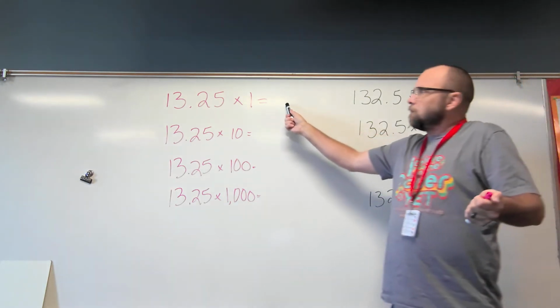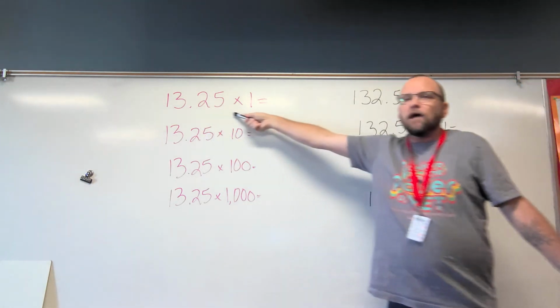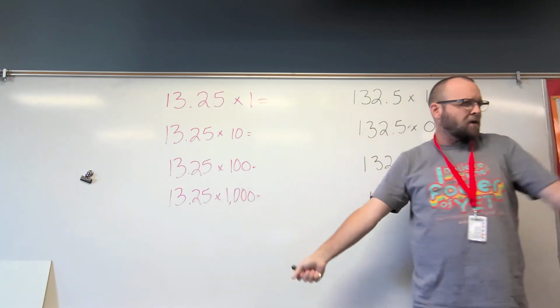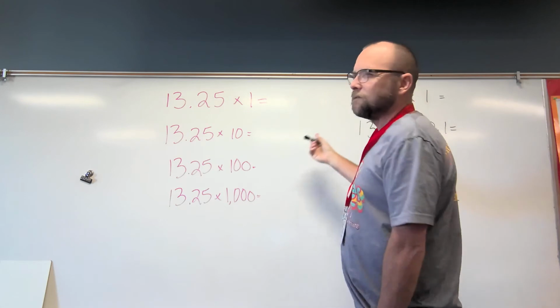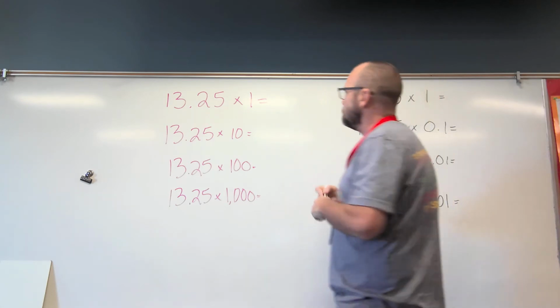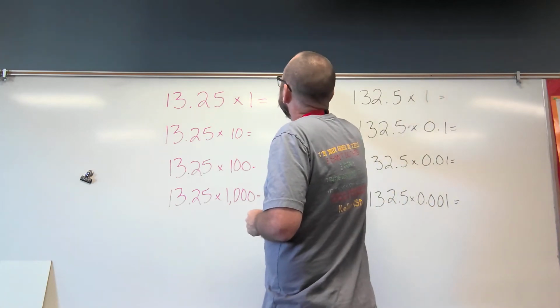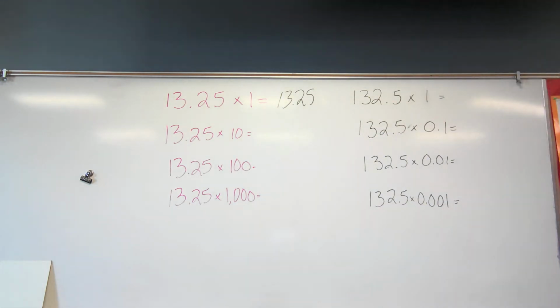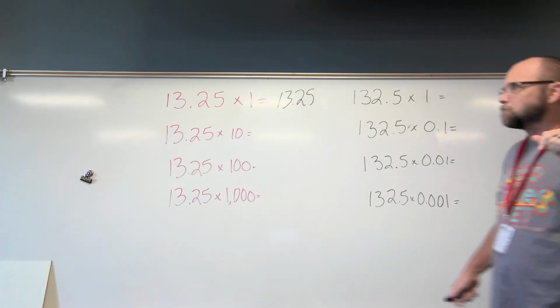So now, obviously, when we multiply a number by 1, it's the identity property, I think, and it stays the same, right? Now, 10 is greater than 1, so that means we make our number greater. It is 10 times greater.